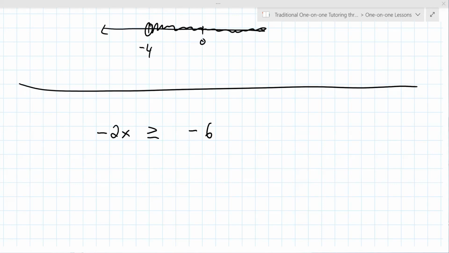X less than 3. Okay, here's what you wrote. Here's what you said. Is that your final answer?